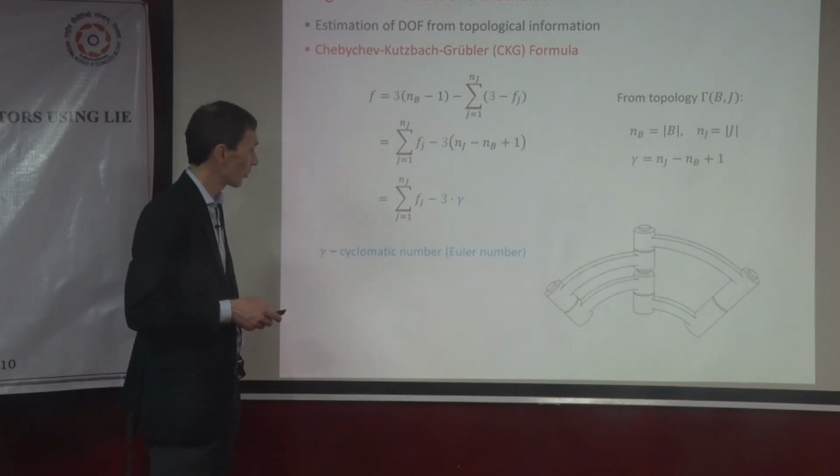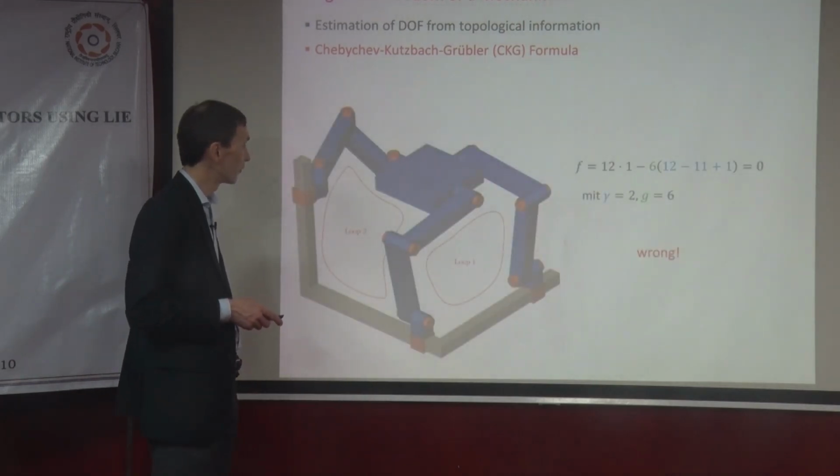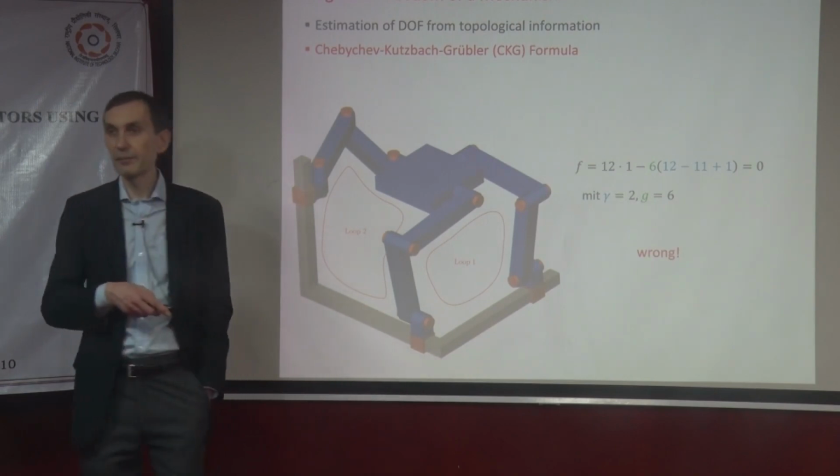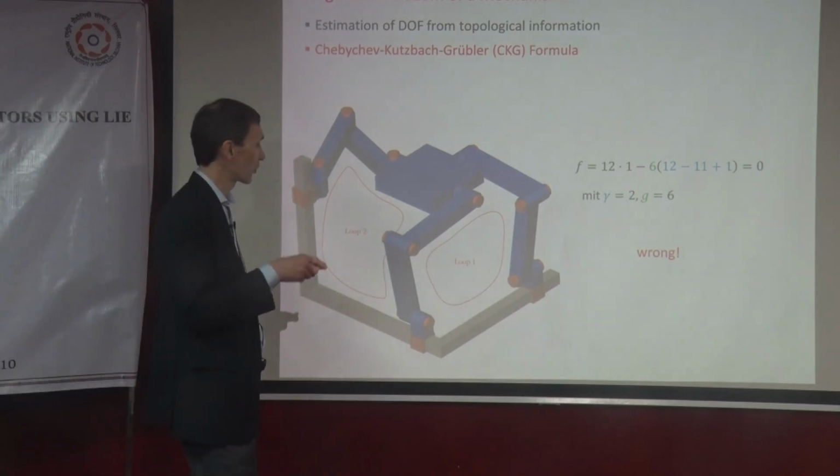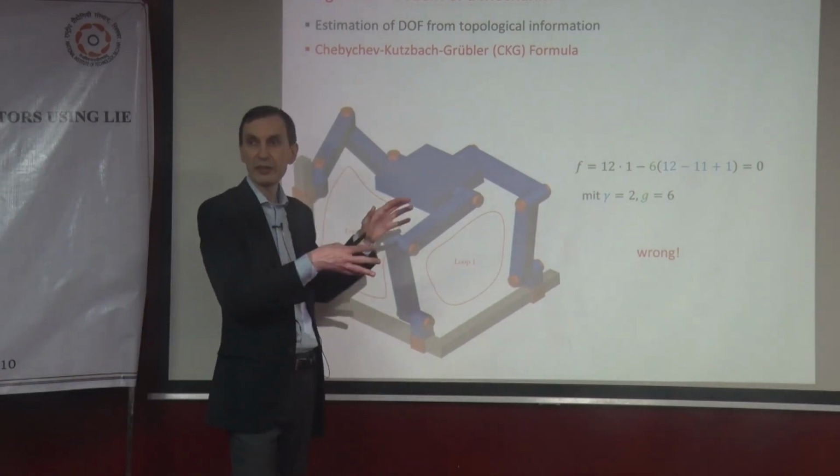Even though it's not always possible, for example, for our mechanism here, that was our PKM. If you do the counting, this is a spatial mechanism because we are moving in space.